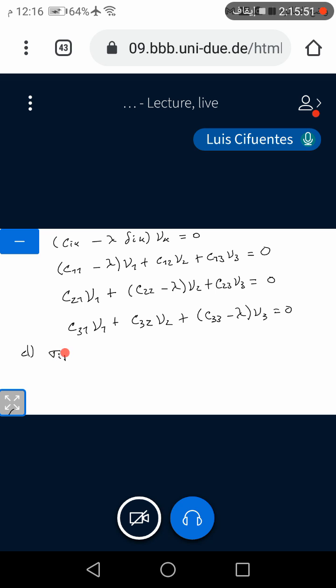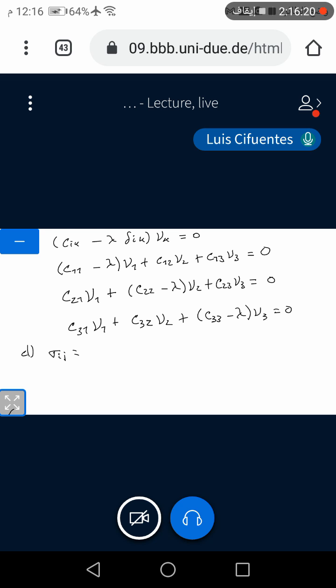We have sigma_ij. In this case, this is a tensor with 9 components: sigma 11, sigma 12, sigma 13, 21, 22, 23, 31, 32, 33.